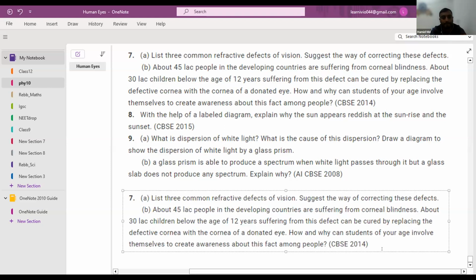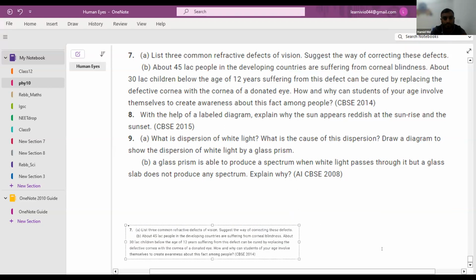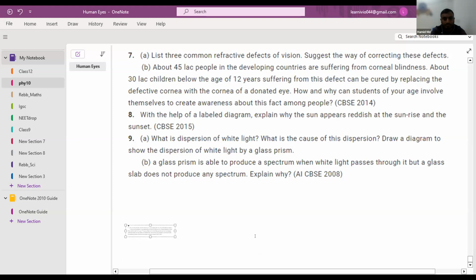People can donate their eyes, like in their old age. No, there is no guarantee of when you will die. There is no limitation on donating. If you wish to donate, you can register yourself anywhere at any time.